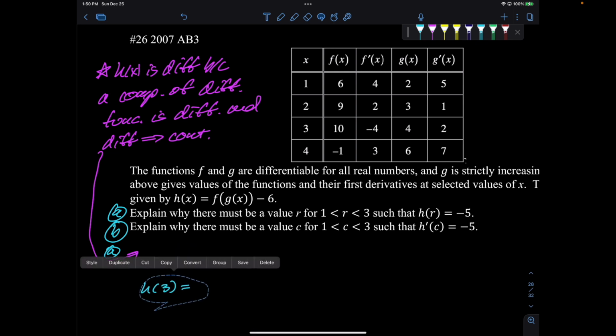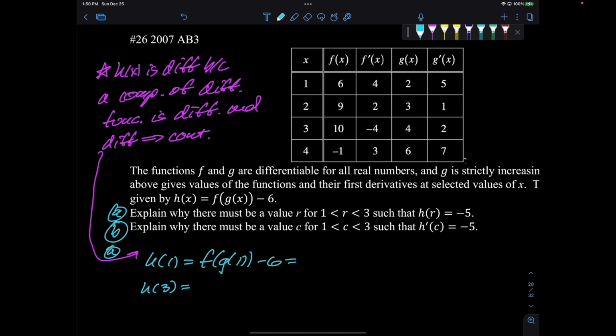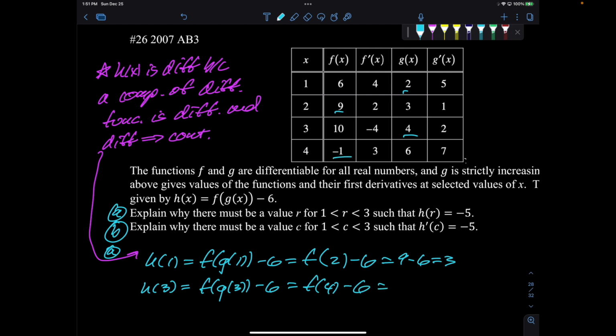So let's find h of 1 first. h of 1 is f of g of 1 minus 6, and g of 1 is 2, so f of 2 minus 6. f of 2 is 9, 9 minus 6 is 3. h of 3 is f of g of 3 minus 6. g of 3 is 4, so that's f of 4 minus 6. f of 4 is -1, -1 minus 6 is -7.